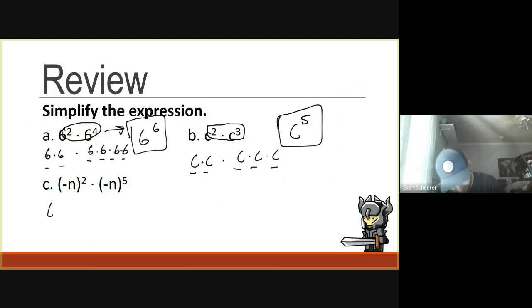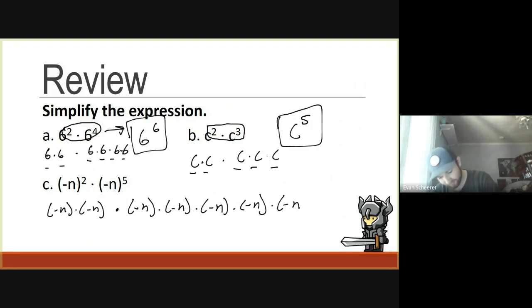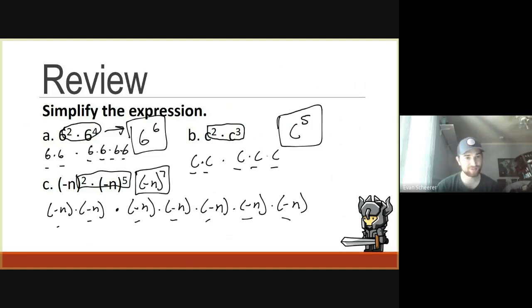That's negative n times negative n times negative n times negative n times negative n times negative n times negative n, right? Well, there's 1, 2, 3, 4, 5, 6, 7, so that's negative n to the 7th. So look at the resemblance. You're starting to see it, hopefully.